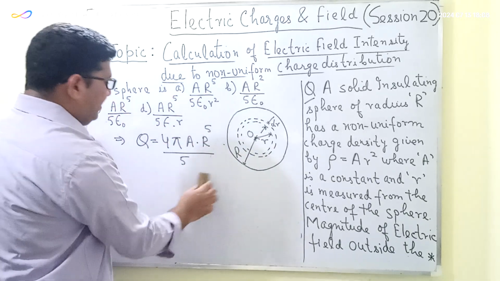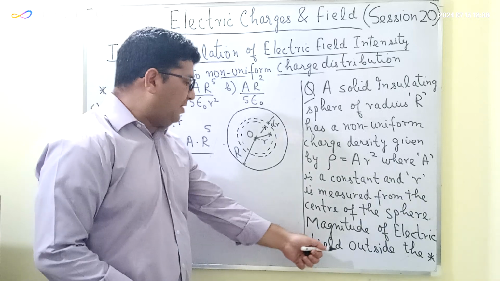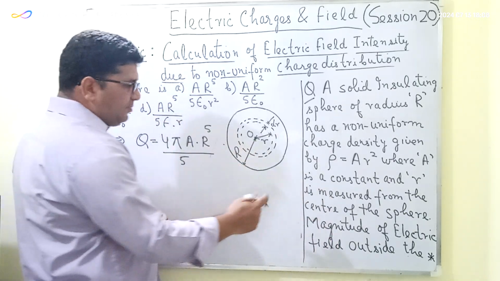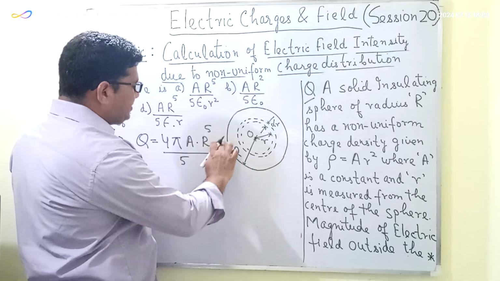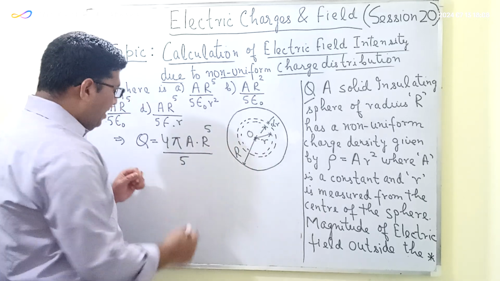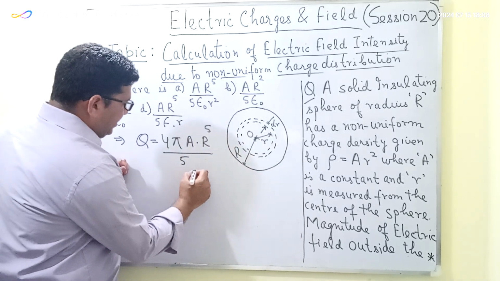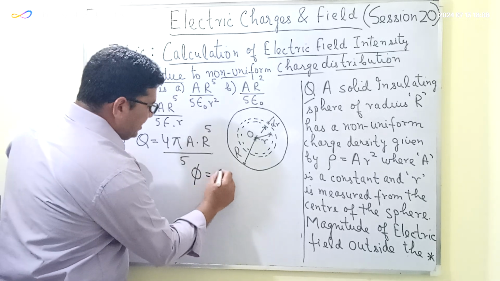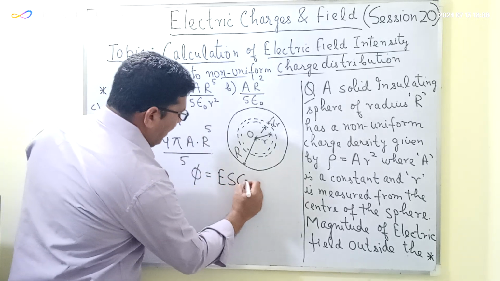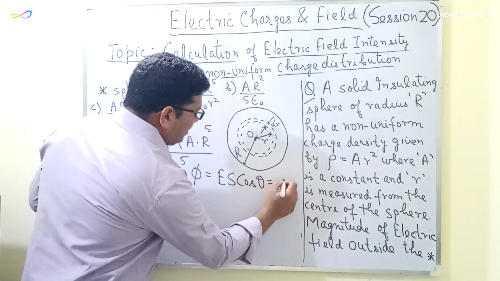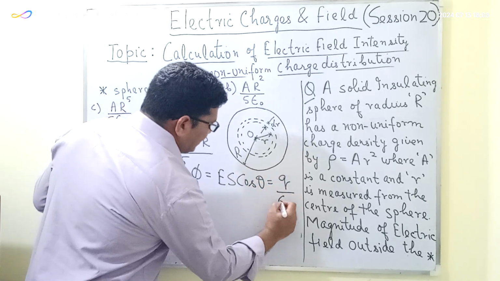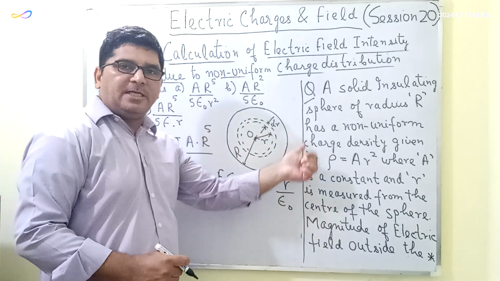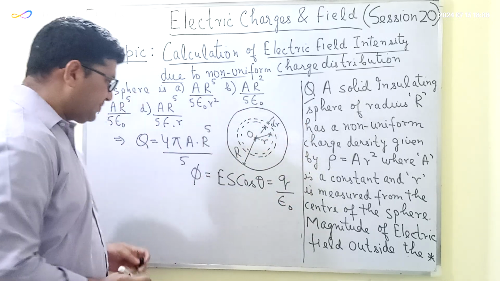Now we have to find the magnitude of the electric field outside the sphere. For this I will be using the Gauss law. As per the Gauss law, the flux passing through a closed surface is equal to E S cos theta, and this is equal to Q upon epsilon naught, where Q is the total charge enclosed by that Gaussian surface.